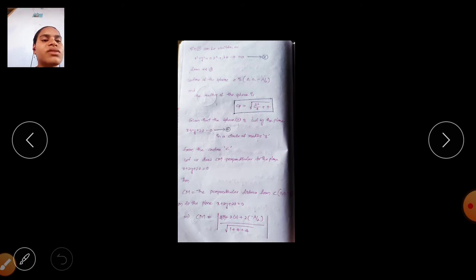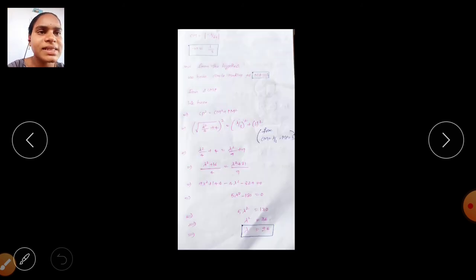And CM is equals to mod of the perpendicular formula. So we get CM is equals to mod of lambda minus lambda by root 9. Mod is always for positive values. Hence we get that CM is equals to lambda by 3.